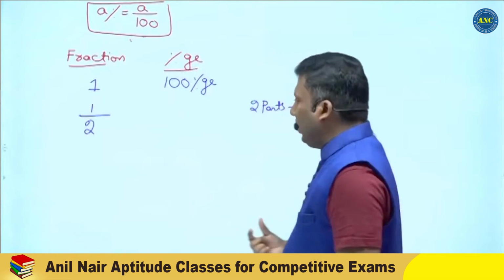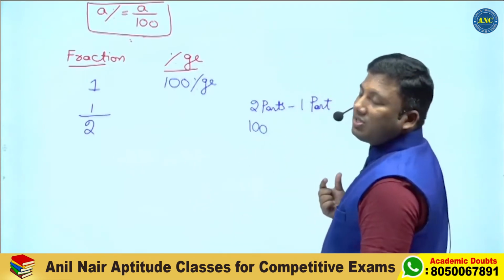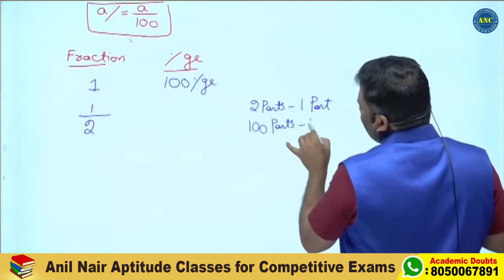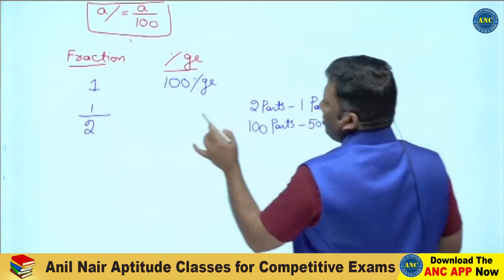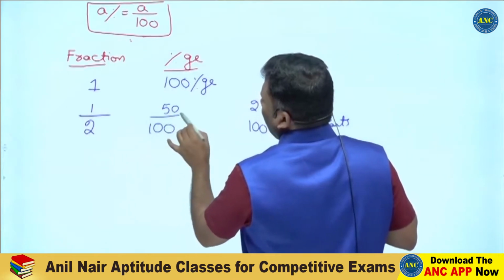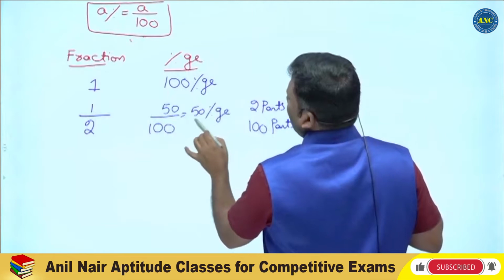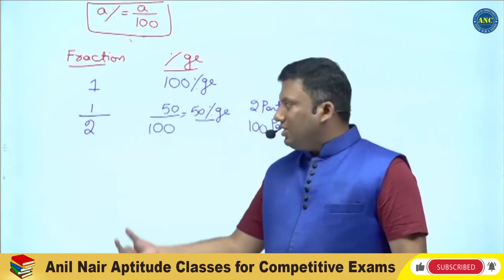But in percentage, the denominator always denotes the initial value. For 100 parts, how much do I require? So this will become 50 by 100. By 100 can be replaced by the symbol percentage, so 50 percentage.